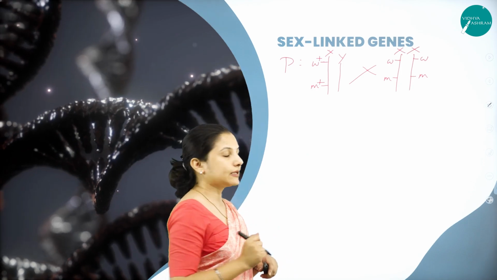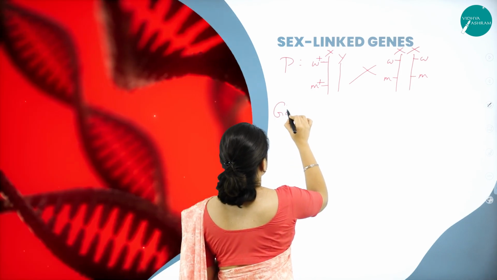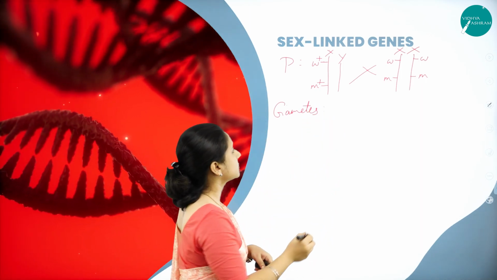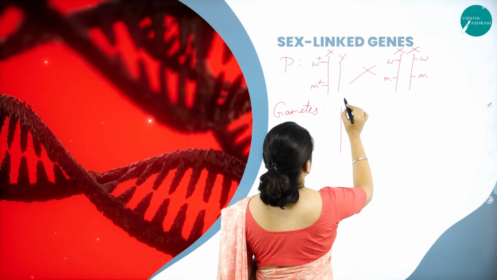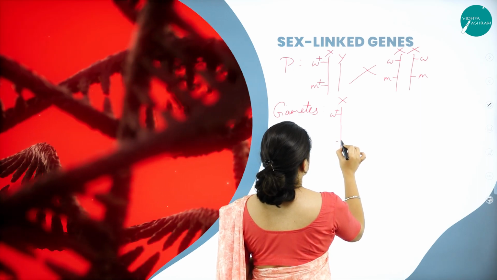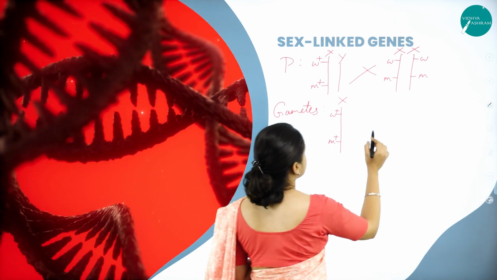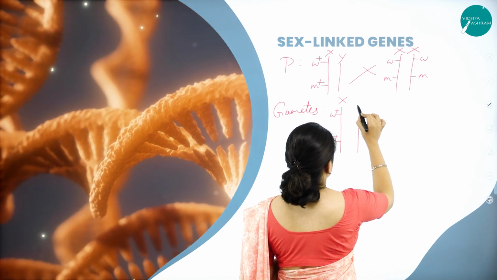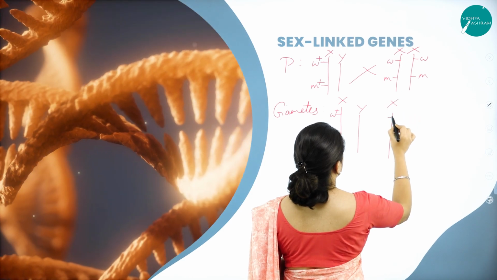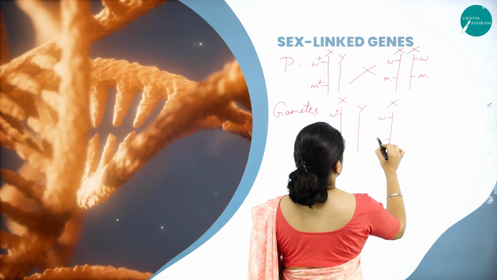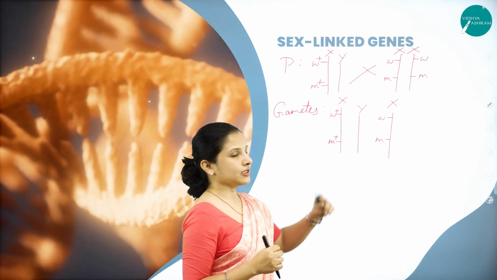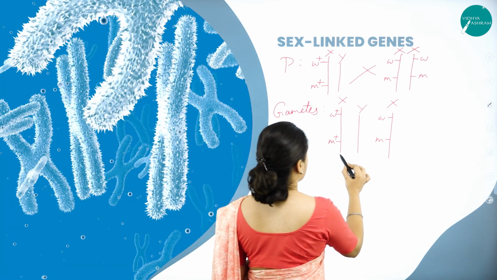So now what are the gametes that are involved? Gametes, we have W plus, M plus, Y and W, M. So now in the F1 generation, a crossing is done between these. So what will happen?